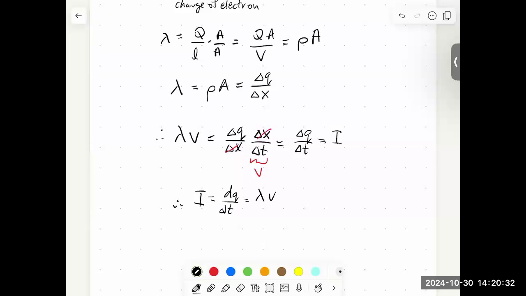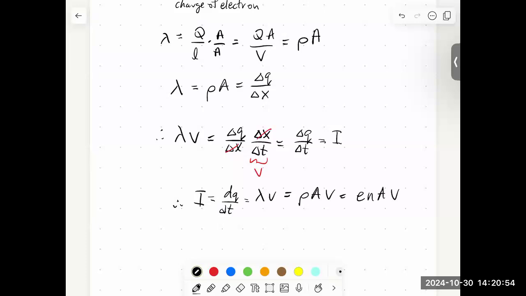And so therefore, our current, which is dQ/dt, can also be expressed as lambda times v, which is also lambda is rho times A. So this is also rho times A times v. And rho we wrote as the electron charge times the number of charges per unit volume, so e times n times A times v.